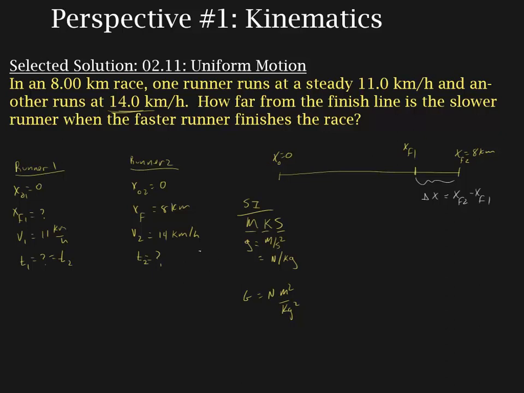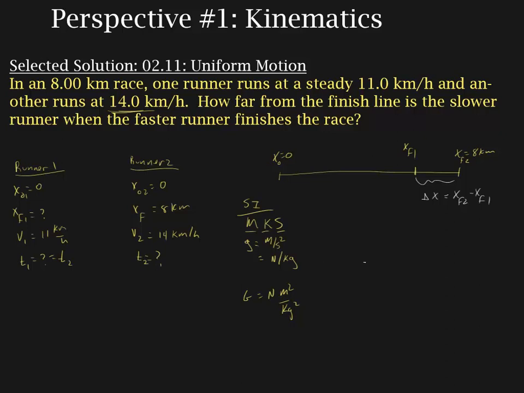So if we were to ever calculate a time, the time would be in hours because the units of velocity are kilometers per hour. When we calculate positions, then the position is going to be in kilometers instead of meters. So this is one of those exceptional problems.